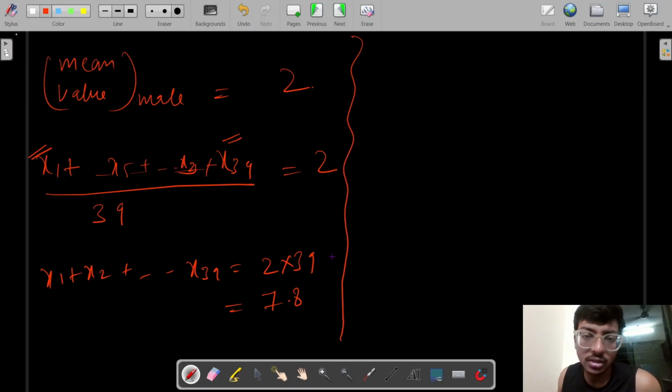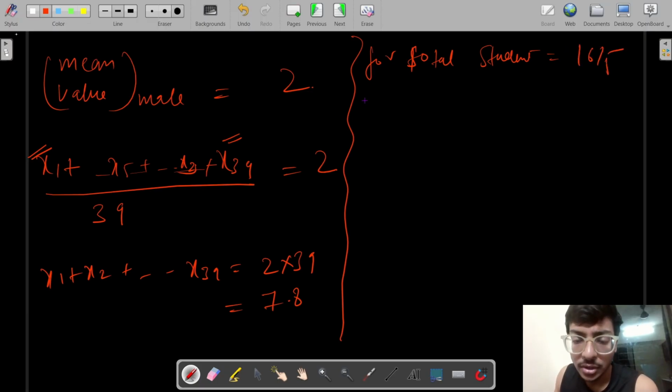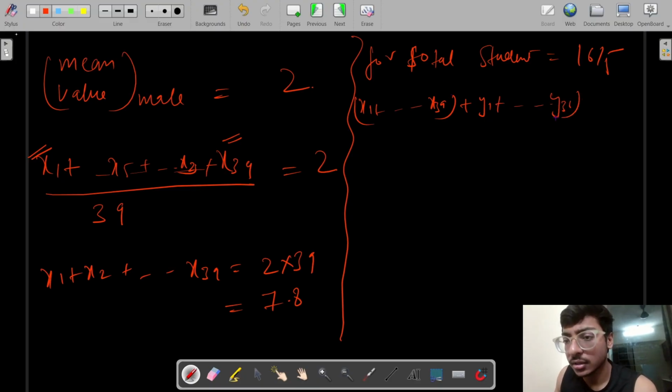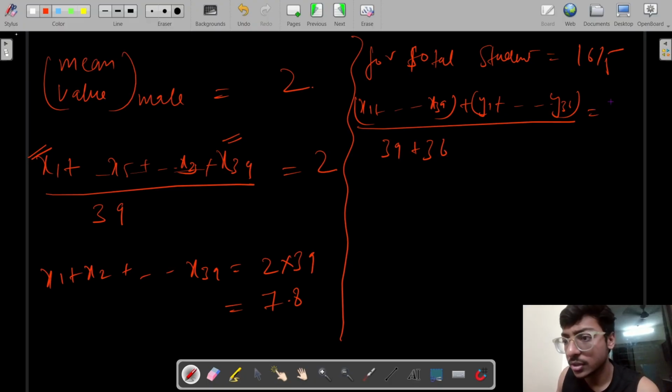So let's use the second data, which says for total students, it is 16 by 5. Fine. So we can say for males x1 to x39, and for females, suppose I'm denoting female as y, y1 to y36, upon the total number of people, that is 39 plus 36, is equal to 16 upon 5, right?